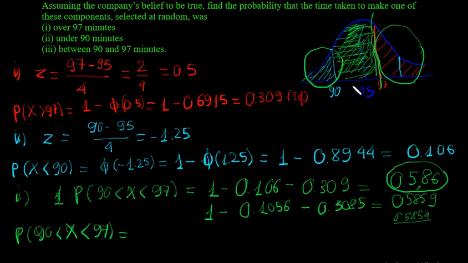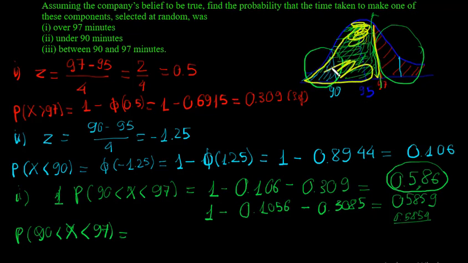When we use the z-score table, all the values we get are to the left of the z values. So we take this area and another color, yellow, from 97 all the way up to here.